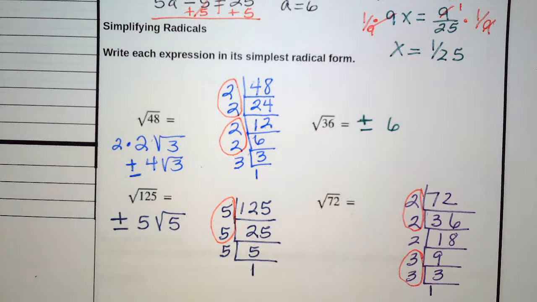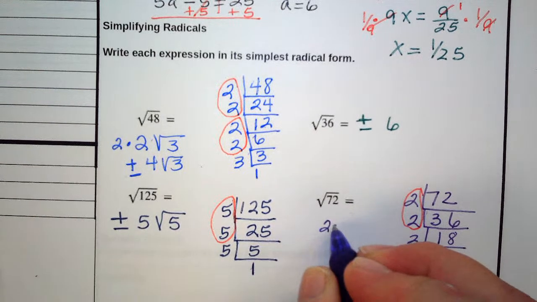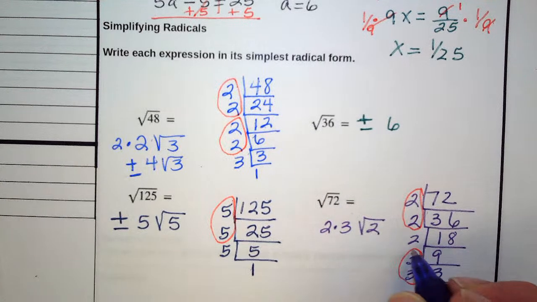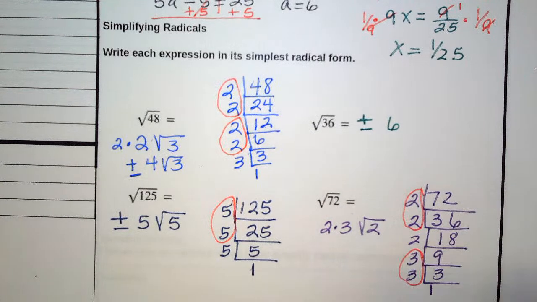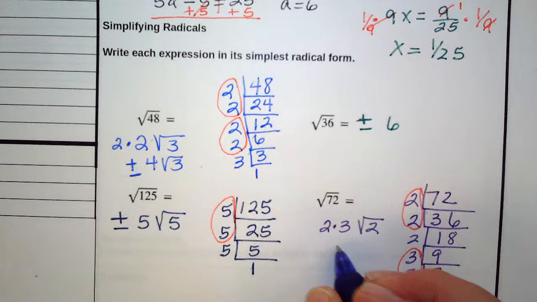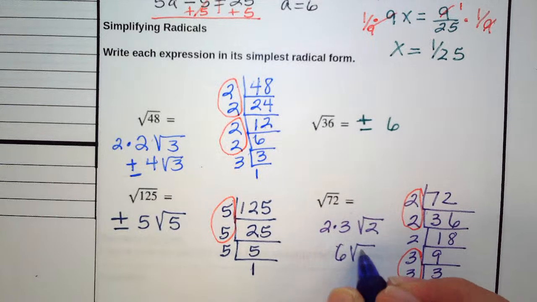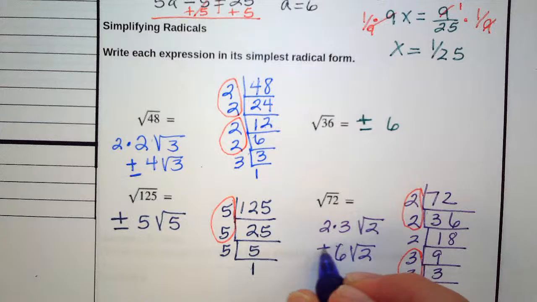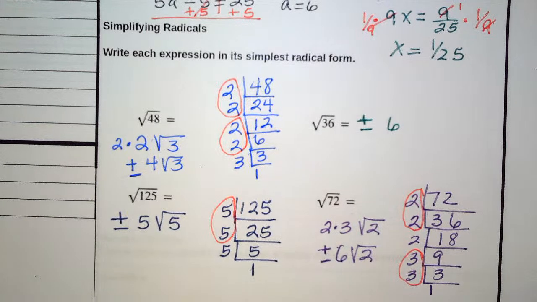So this is equal to 2 times 3 square root of 2, because there's 1 2 that's not paired up. 6 square root of 2. Once again, we've got the positive or the negative 6 square root of 2.